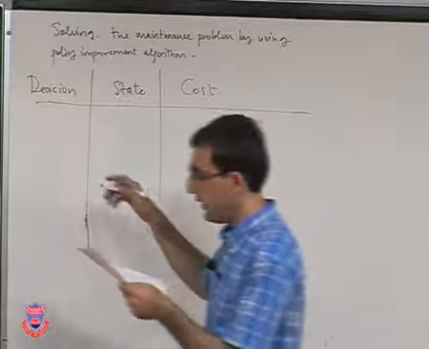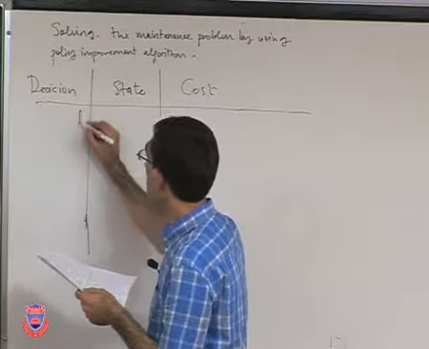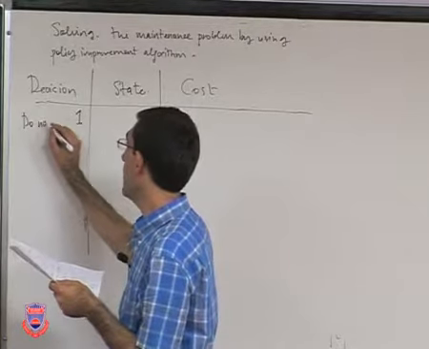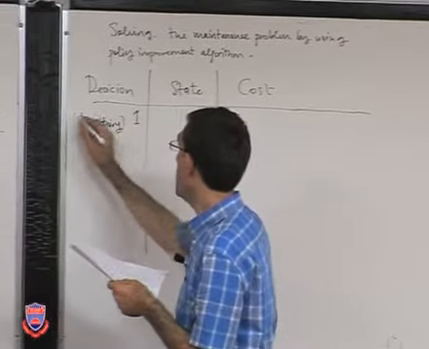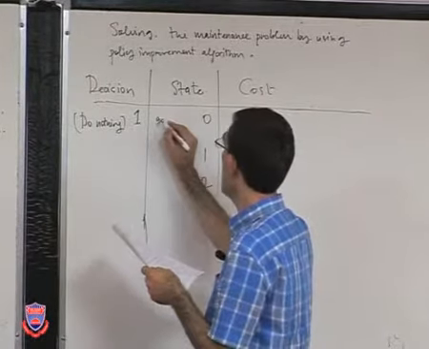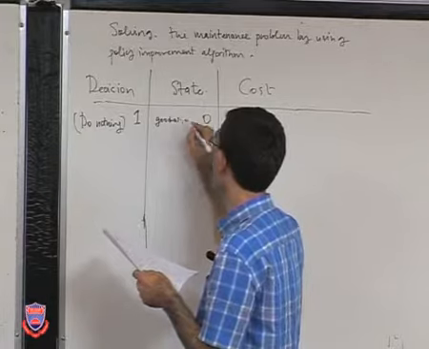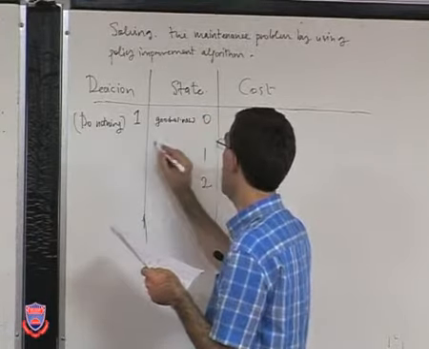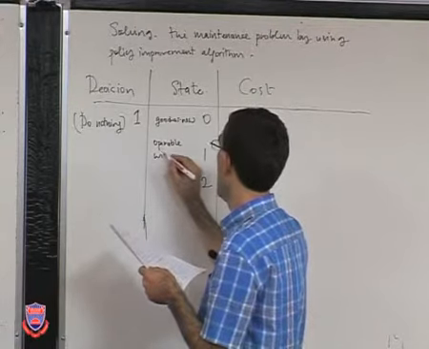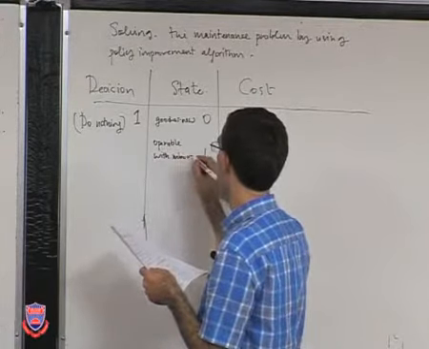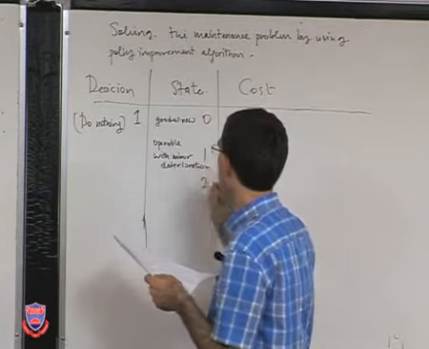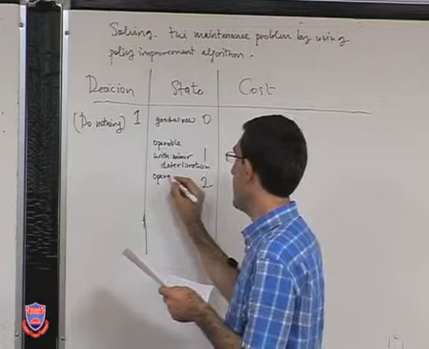And they were like, okay, we can make, for example, decision 1, which corresponds to do nothing, only in states 0, 1, or 2. So this was good as new state. Okay, this was operable with minor deterioration, and state 2 was again operable state.